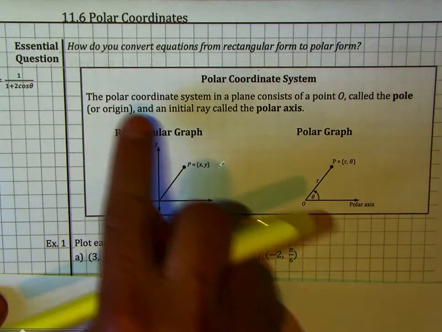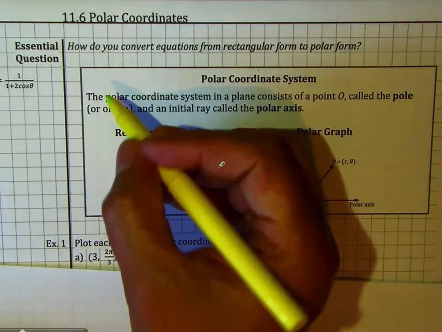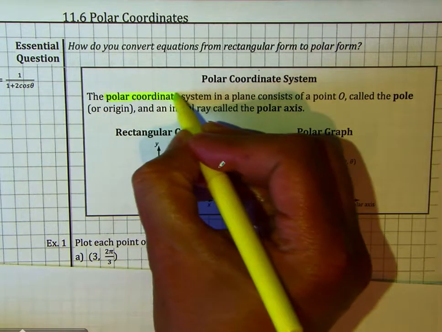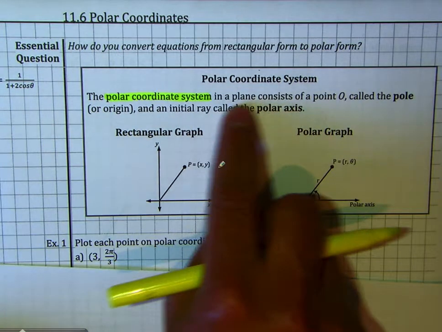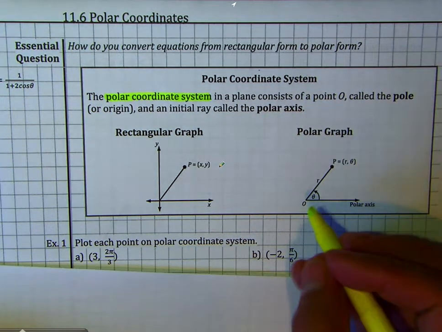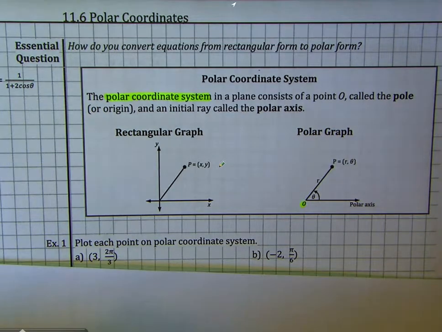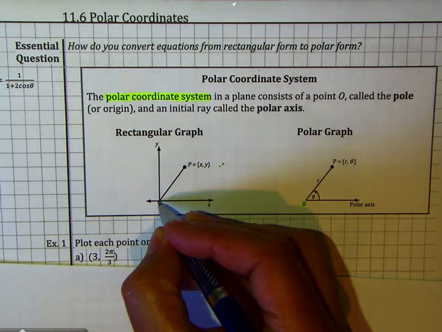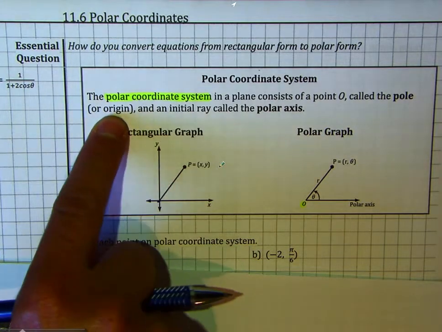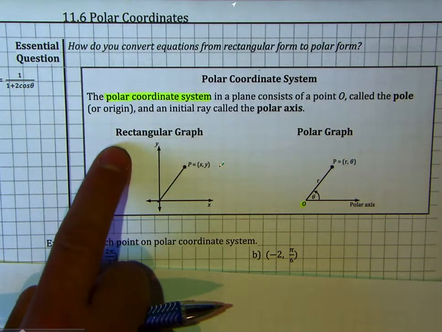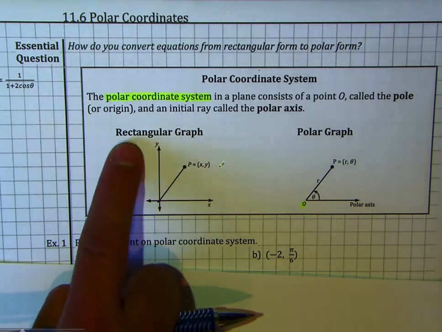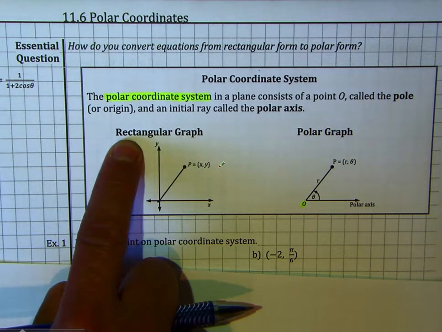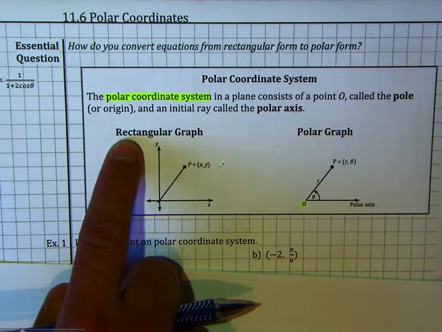So the polar coordinate system, instead of having an x and a y, in a plane consists of a point O, which before we called the pole. Before, (0, 0) we called the origin whenever we have an x and y axis in a rectangular or Cartesian graph.